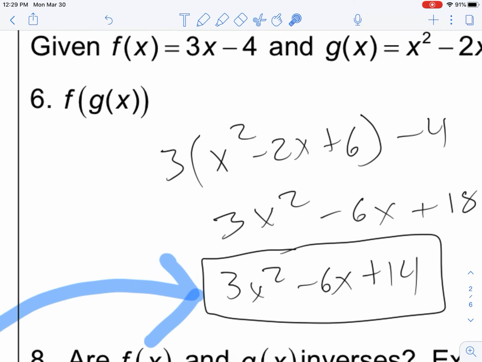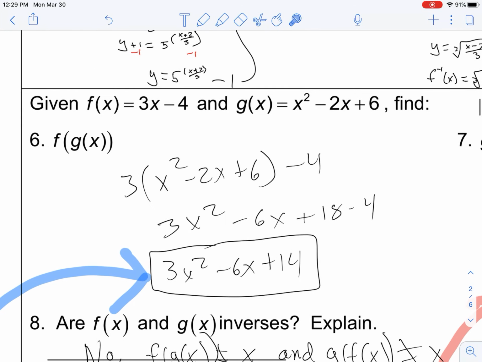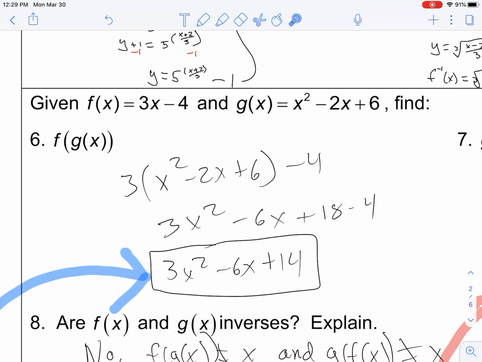To find these compound guys, we're going to take g of x and insert it into our f of x. So I'm taking g of x, which is x squared minus 2x plus 6, and I'm replacing it for x in my f of x function.